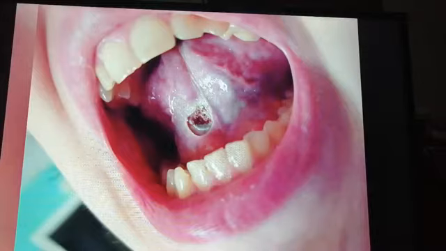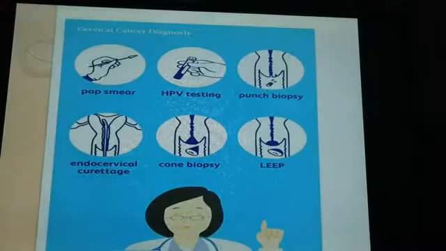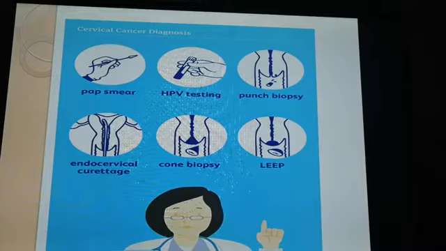So we need a biopsy to make the definite diagnosis. This picture shows cervical cancer diagnosis: pap smear, HPV testing, punch biopsy, endocervical curettage, cone biopsy.